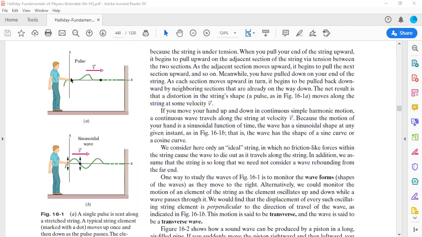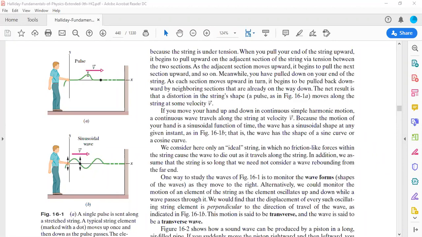So in the example of this string, a person standing here disturbs the string from its mean position, and this disturbance travels through the medium in the right direction, towards the positive x-axis.